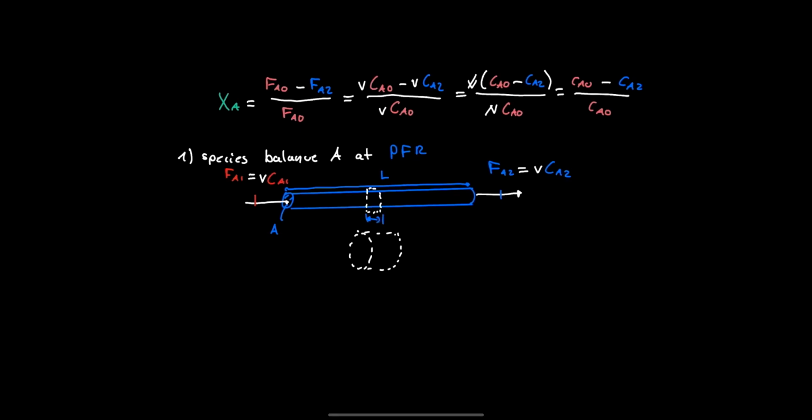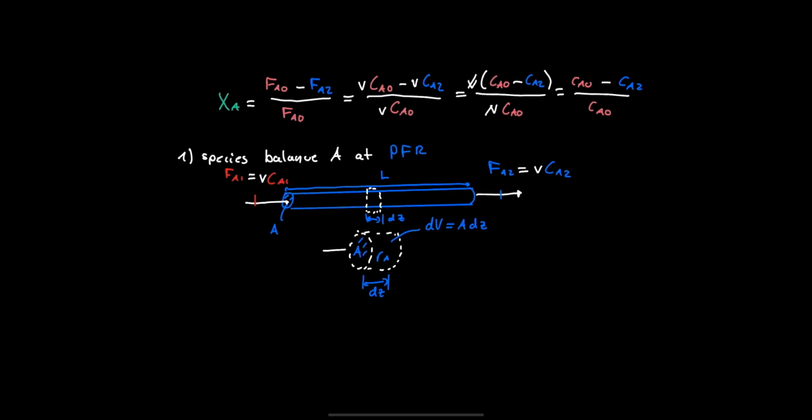This segment has a thickness of dz. We have our cross-section area A here, and the volume dV is going to be equal to the cross-section area times dz. And within this segment, we also have the reaction Ra taking place.